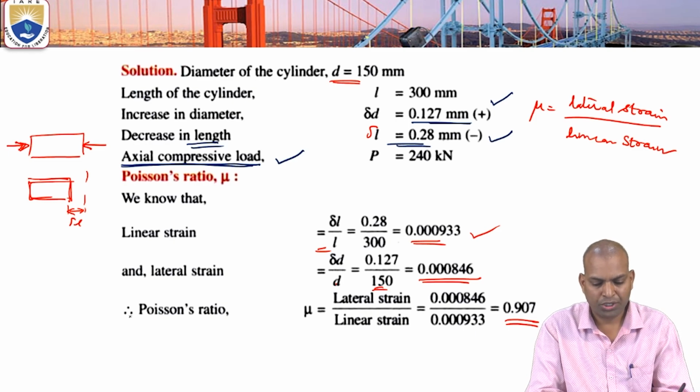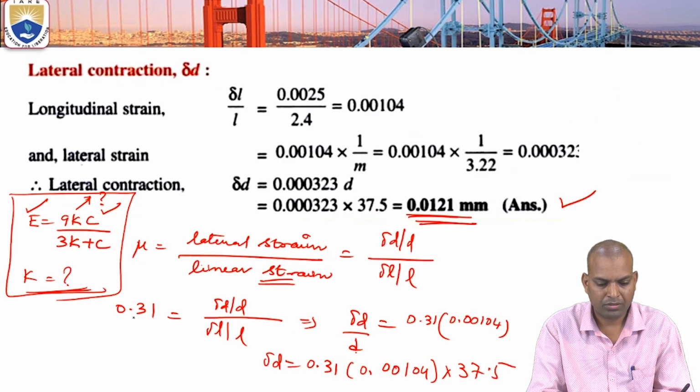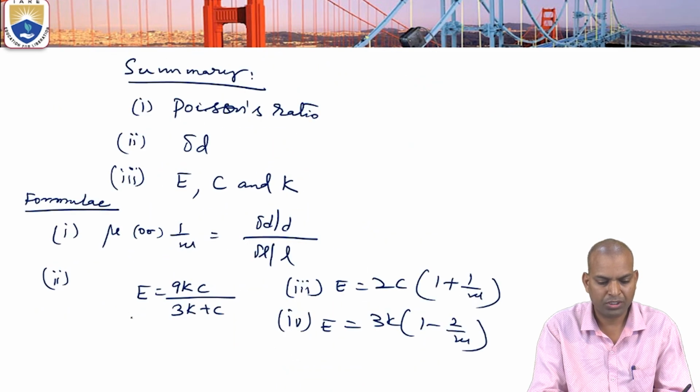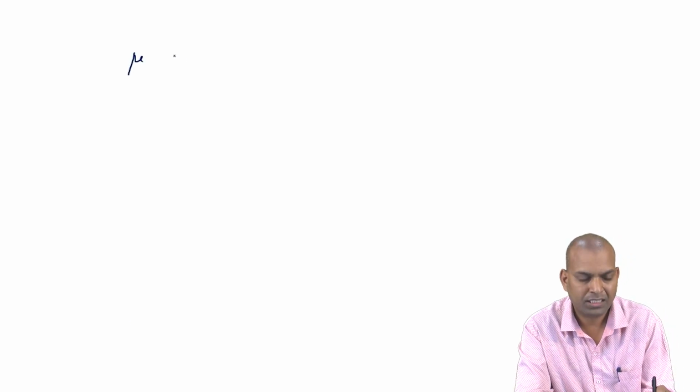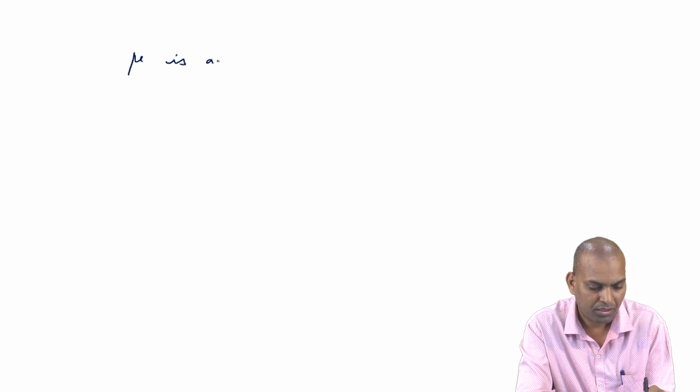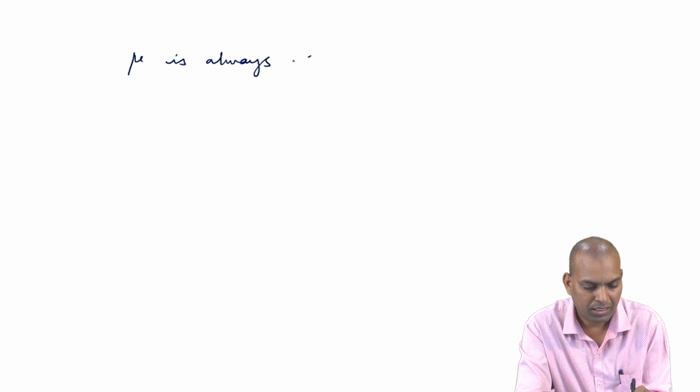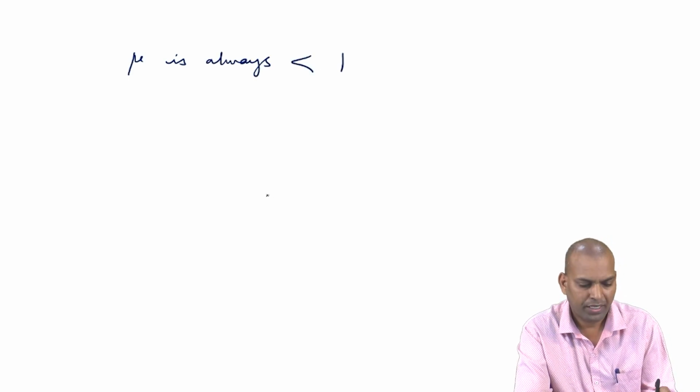I would also like to discuss Poisson's ratio in the problems. Poisson's ratio is always less than 1. Why?